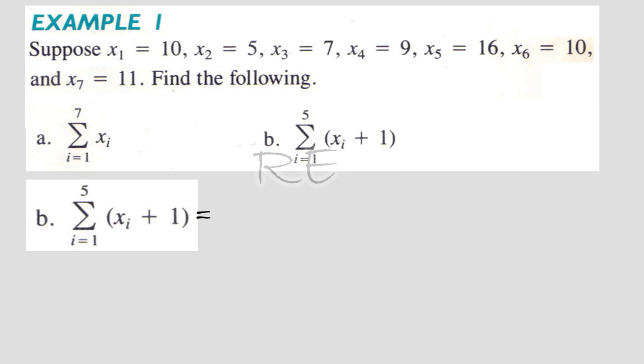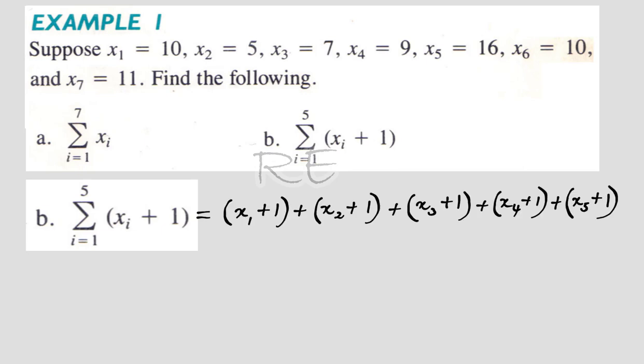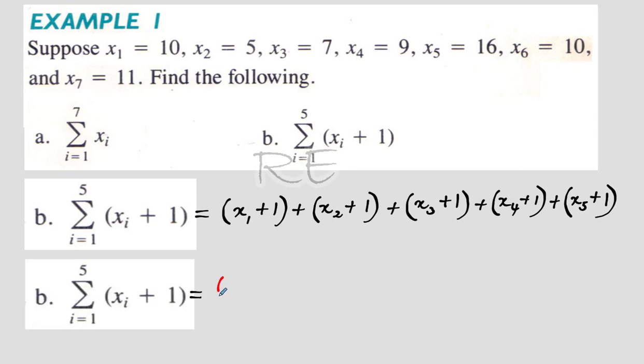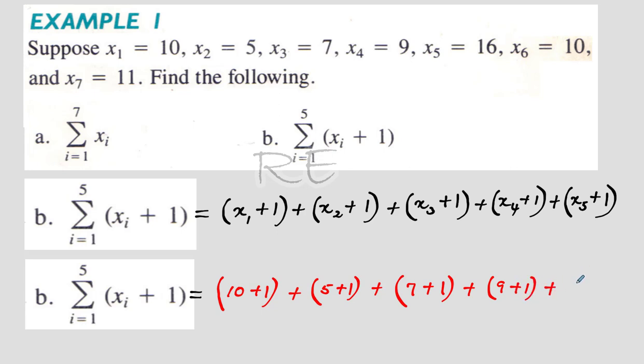For B, we need to find the sum from 1 to 5 of (x_i plus 1). So it's going to be x1 plus 1, 10 plus 1, x2 plus 1, 5 plus 1, x3 plus 1, 7 plus 1, x4 plus 1, 9 plus 1, plus x5 plus 1. x5 is equal to 16, 16 plus 1.